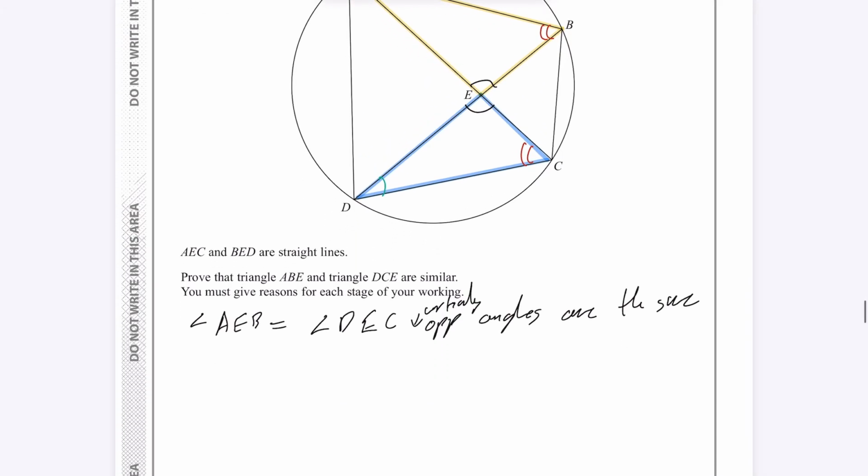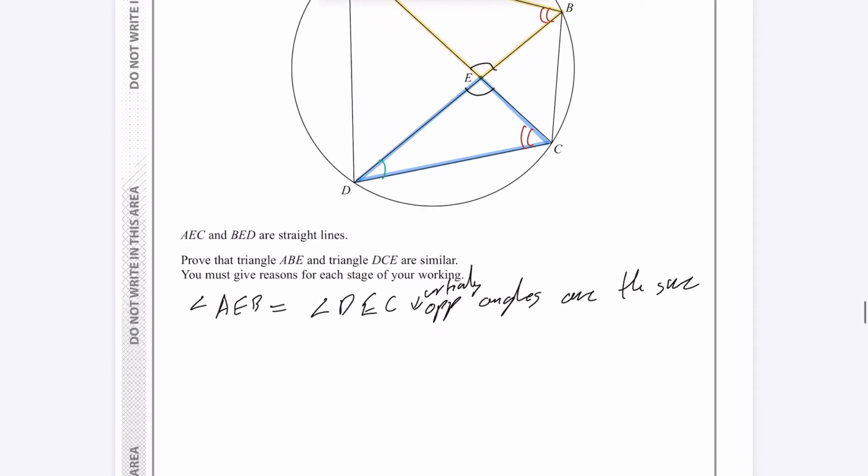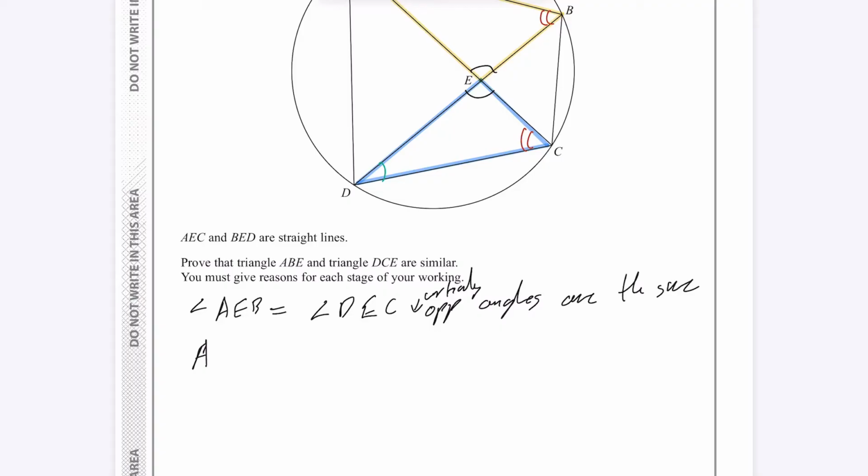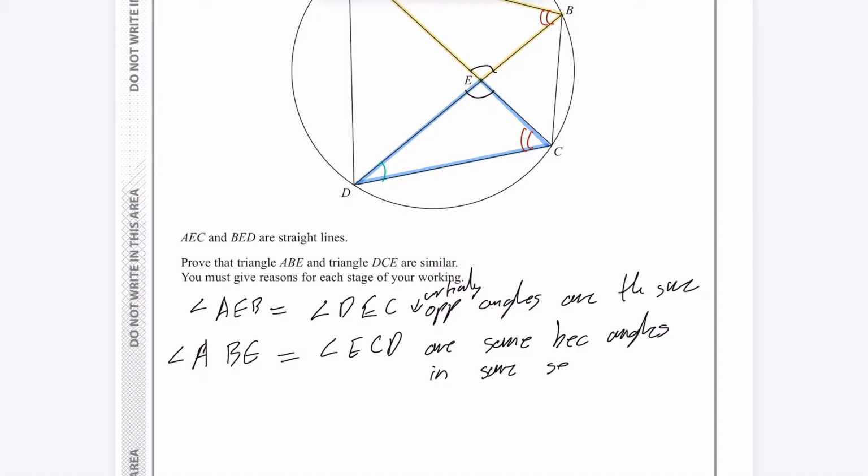So we would write a statement down here that goes something like, angle ABE. I'm writing this a little bit fast, so my handwriting's not very neat. ABE and ECD are the same, and it's because angles in the same segment are equal.